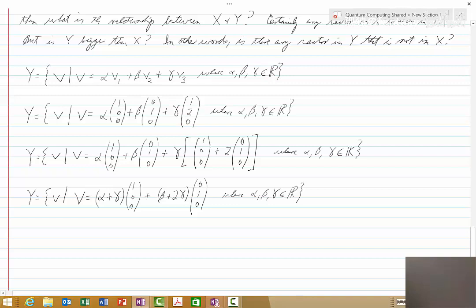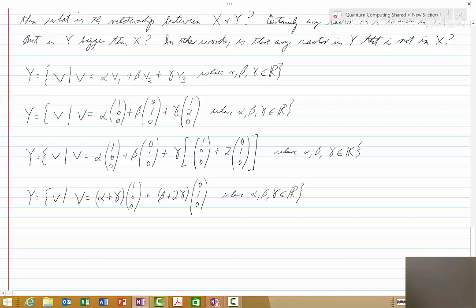Okay, now look very carefully at what I've done. Here, we started off with the definition: Y is a set of all linear combinations of V1, V2, and V3. And so here I've just made it explicit in going to this line what V1, V2, and V3 were.